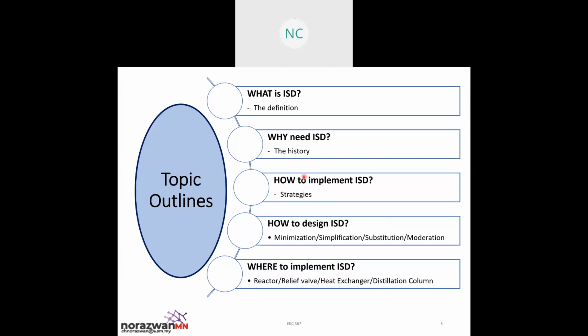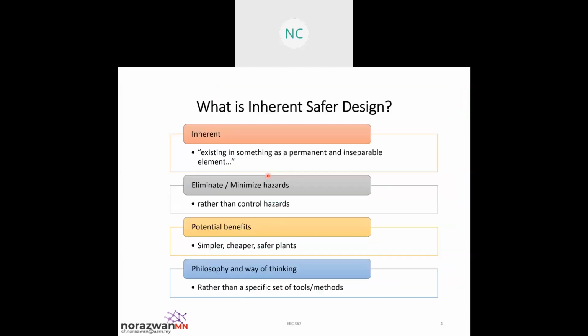Okay, so what is ISD? We just go through. ISD is inherent; it helps to eliminate or minimize the hazard. Inherently safer design is applied because it has potential benefits. Usually when you implement ISD towards your plant design, it will contribute to simpler, cheaper, and safer plants. That's the ideal ISD.